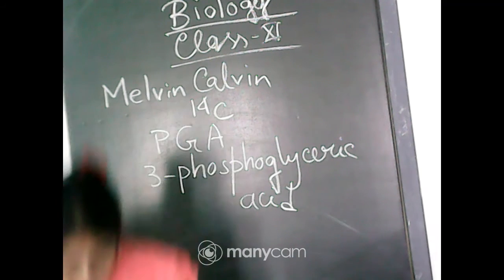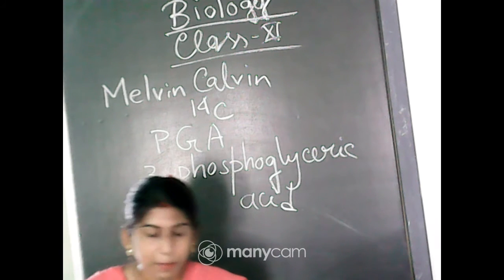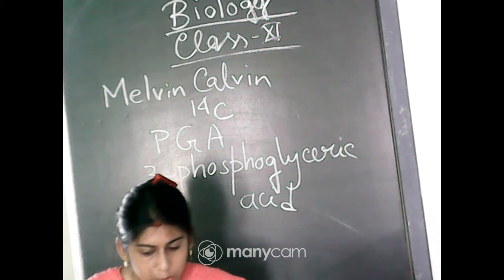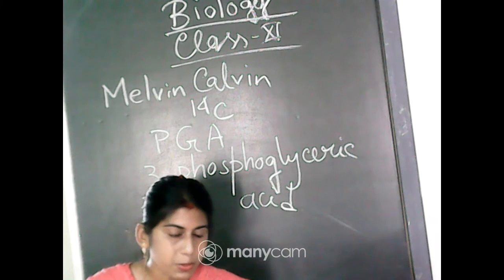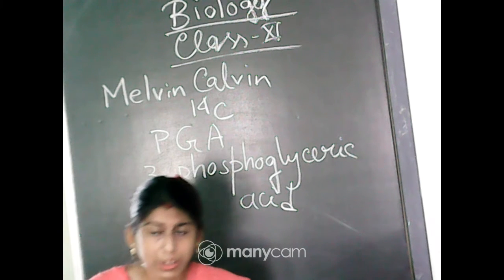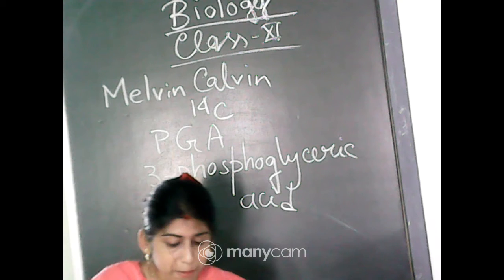Now, after that scientists also tried to know whether all plants have this PGA, that means 3-phosphoglyceric acid, as the first product of carbon dioxide fixation, or whether any other product can be formed in some plants.